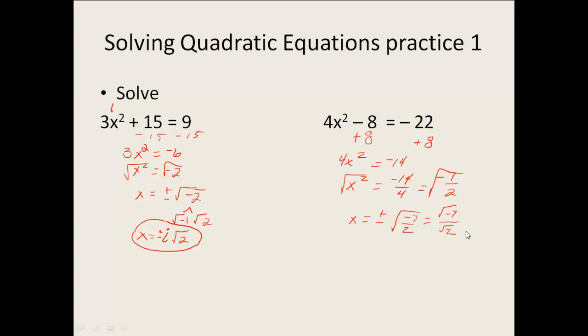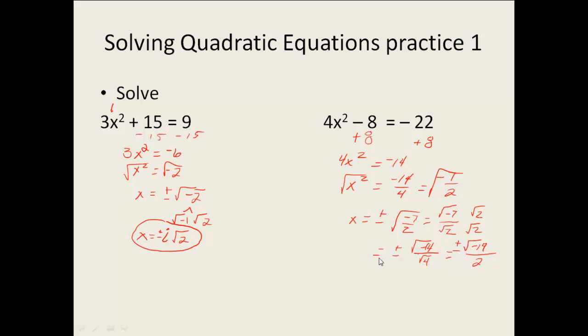And then I'm going to rationalize my denominator by multiplying by the square root of 2 over the square root of 2. And when I do that, I get plus or minus the square root of negative 14 over the square root of 4. And square root of 4 is just a plain 2, so I end up with the square root of negative 14 over 2.